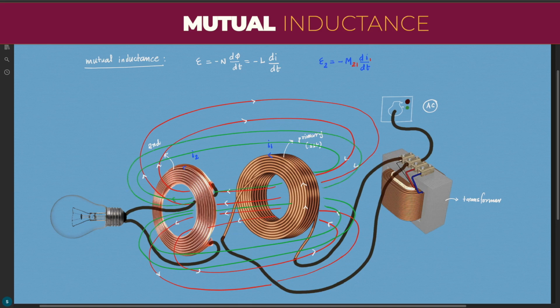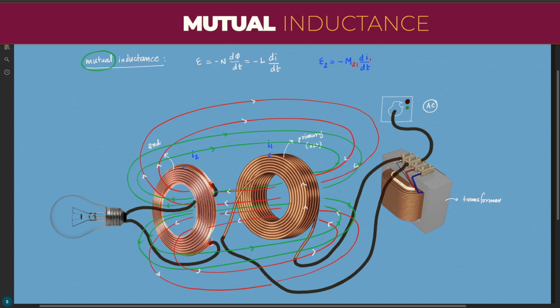So the name mutual inductance itself tells us that there is something happening which we can call mutual. This word mutual means that the current in the secondary coil is happening due to the primary coil, and now in this secondary coil there is a current.